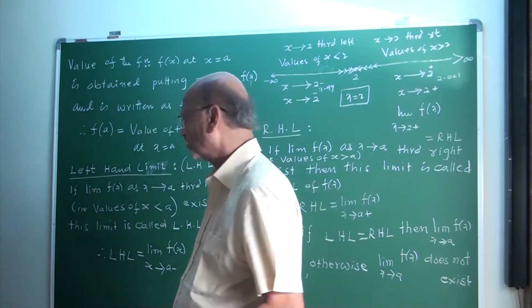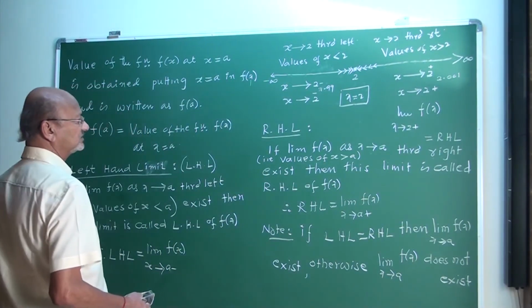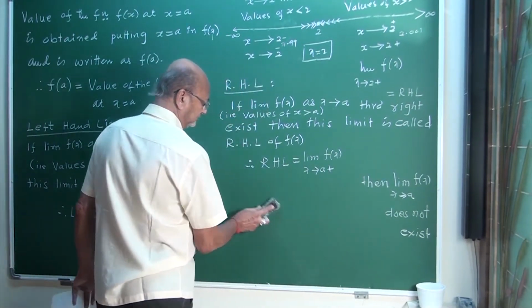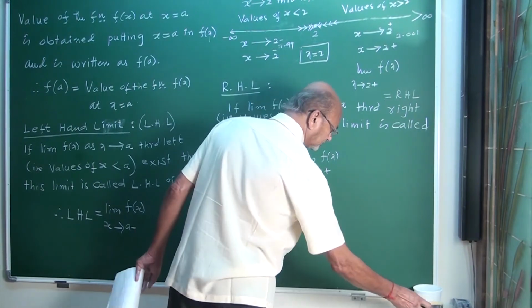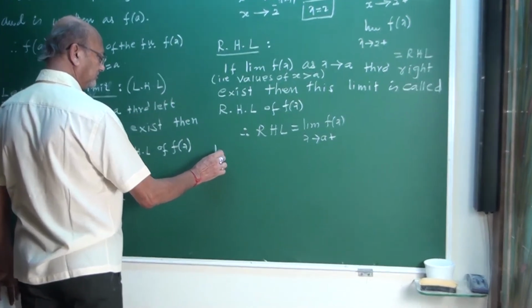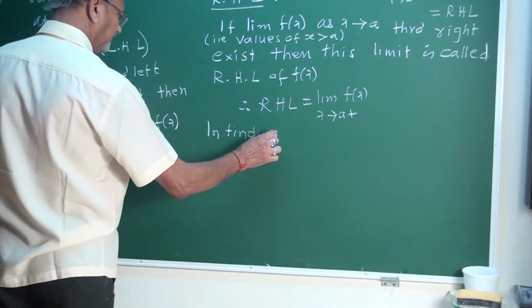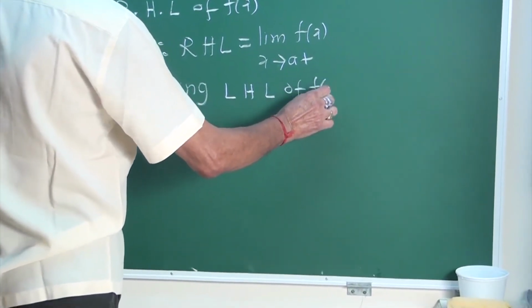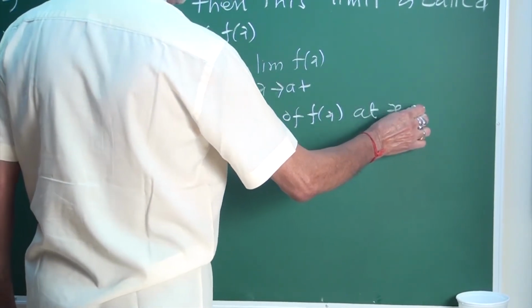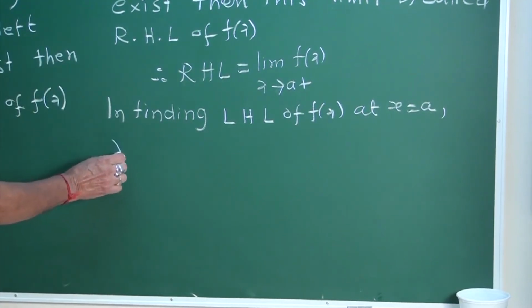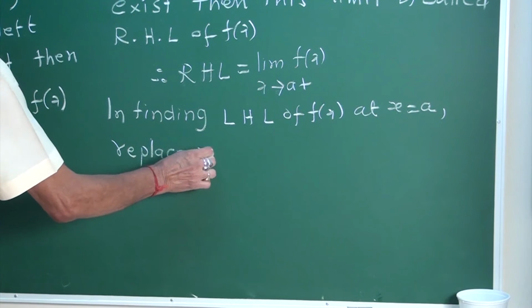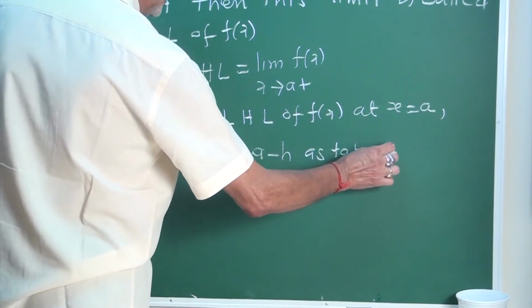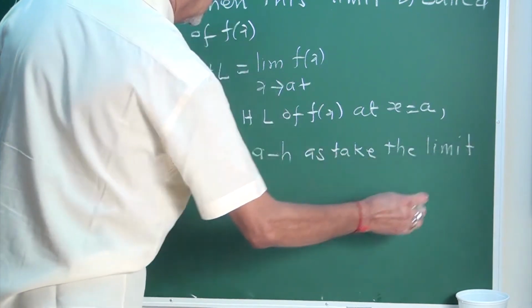I write it here down: in finding LHL of f(x) at x equal to a, replace x by a minus h and take the limit as h tends to 0.